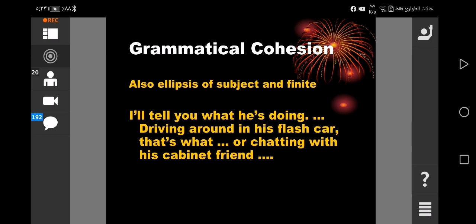That's what he is. Or chatting with his cabinet friend. Right? So, I'll tell you what he is doing. He is driving around in his flash car. That's what he is.